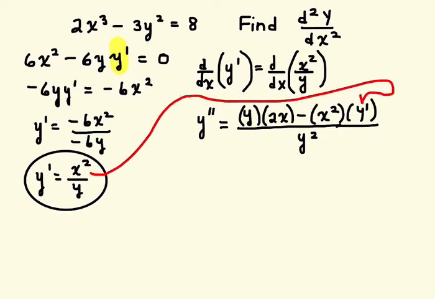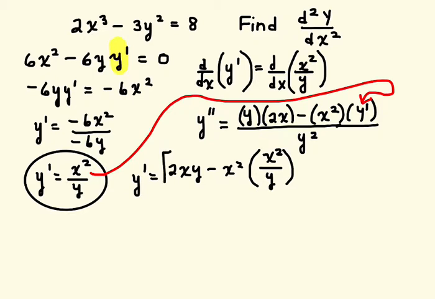y prime right there. And so we're going to get y double prime is equal to, well, the first term is 2xy minus x squared times y prime, which is x squared over y.